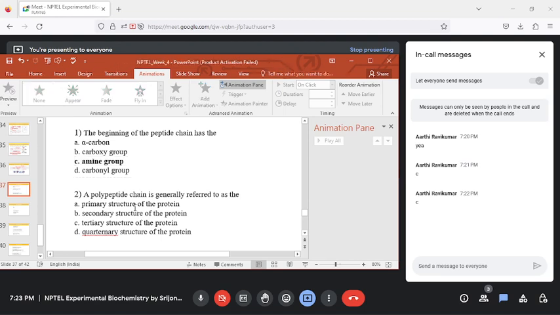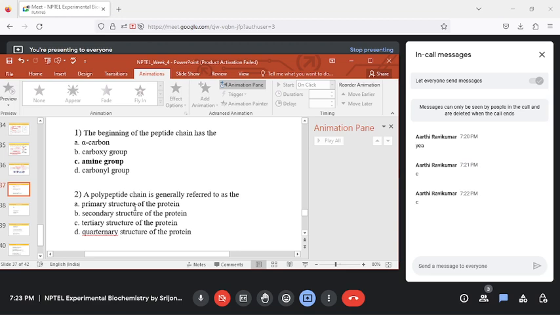Okay. So you say C, but if you look back to the slide, the primary structure actually constitutes the polypeptide chain, which folds in a specific manner to give you the secondary structure, and these secondary structures interact among themselves to form particular domains.